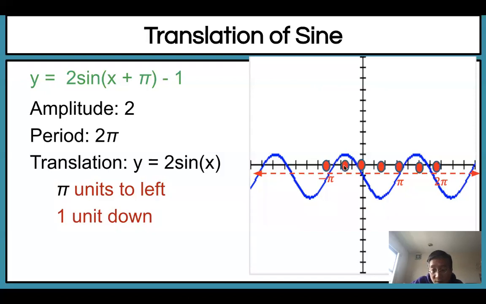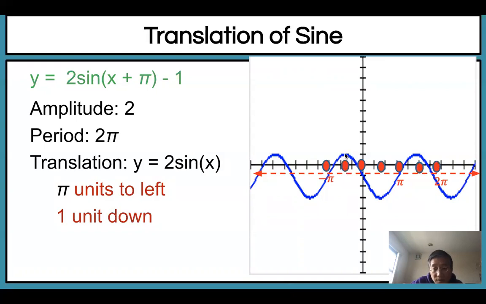For the next interval, this is pi over 2. Even though it looks confusing, this is pi over 2, 0, pi over 2, pi, 3 pi over 2, 2 pi, okay? So you start from negative pi and negative 1. Sine curve. For the next interval, you go up to the highest value, amplitude 2.